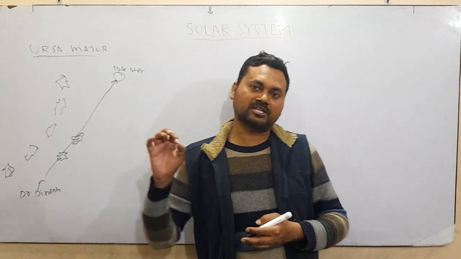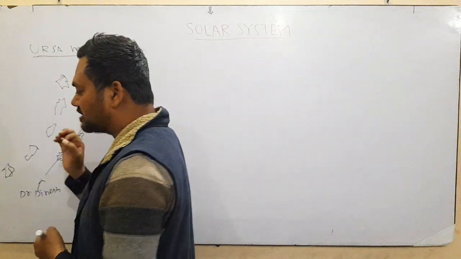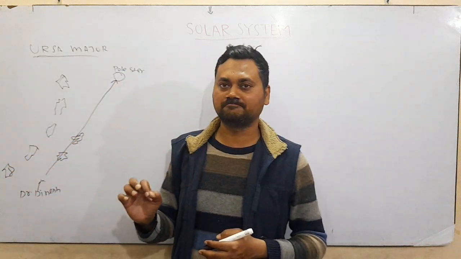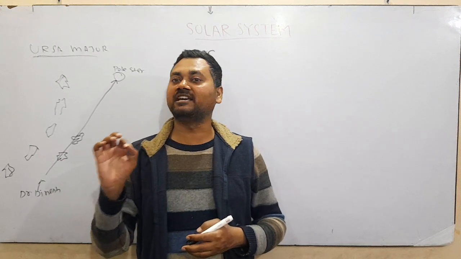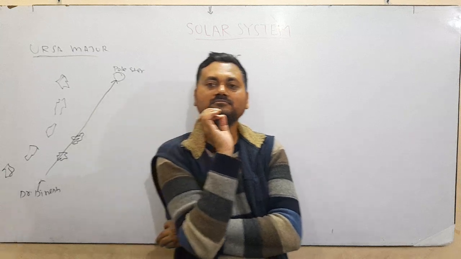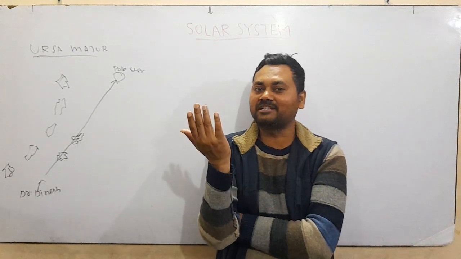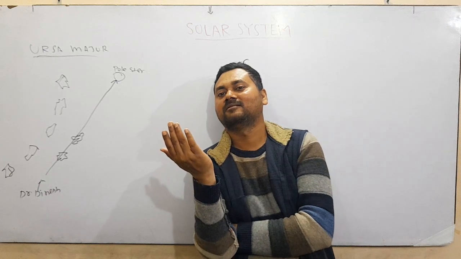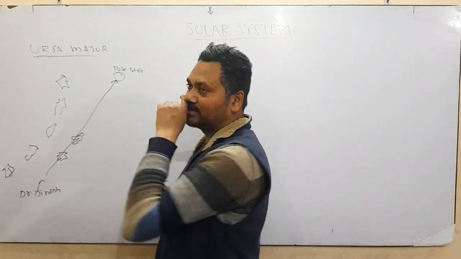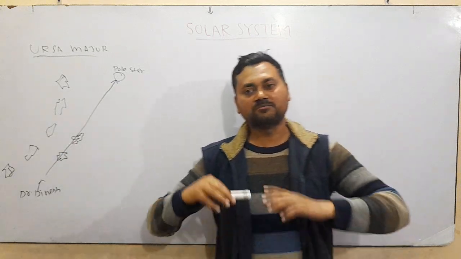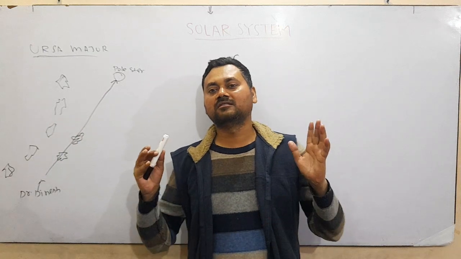I don't want to explain the significance of direction here, because until the compass was discovered by China during the 11th and 12th century, it was very difficult to decide the direction, and at that time this pole star was being used by merchants and by every human being in the world.